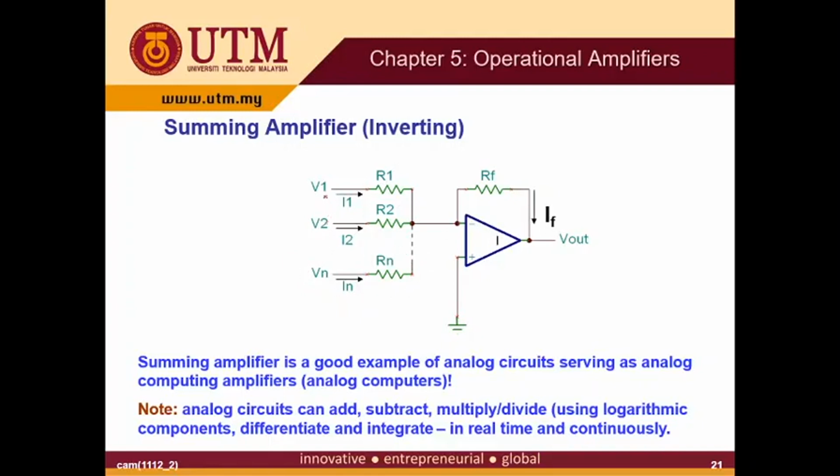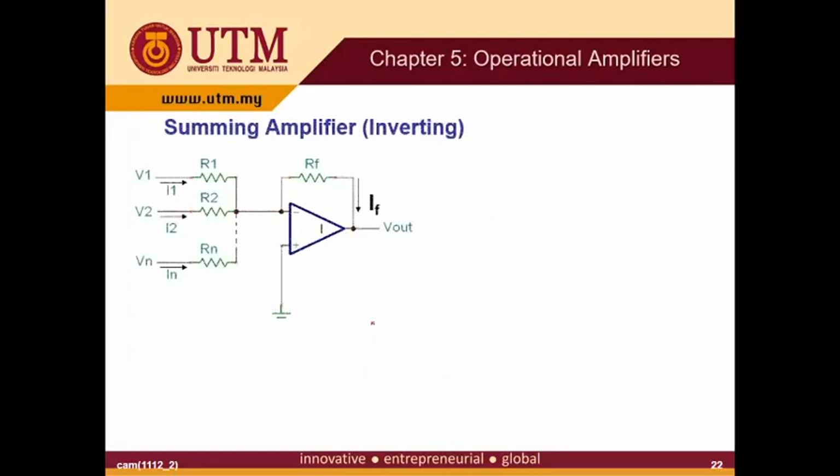For the inverting amplifier, you only have V1 and R1 here, but for the summing amplifier you add V2, V3, until Vn if you have n inputs. Let's say you consider up to 3 inputs. This is V3, this is I3.